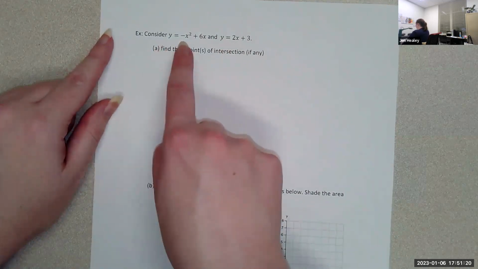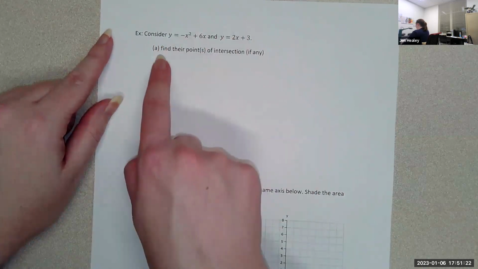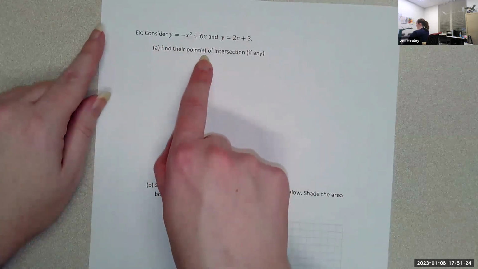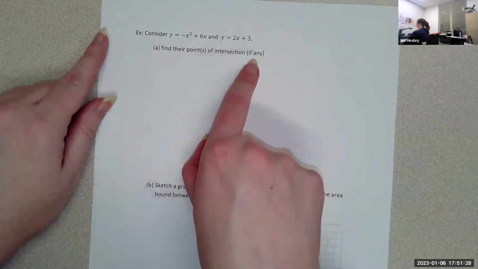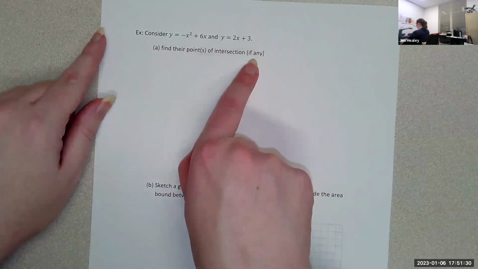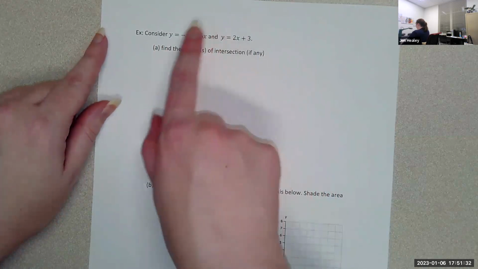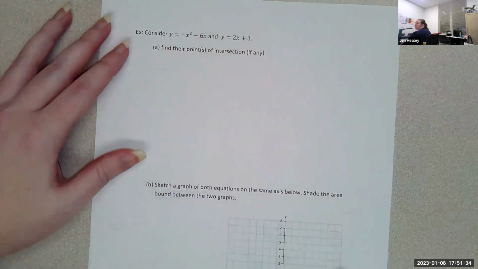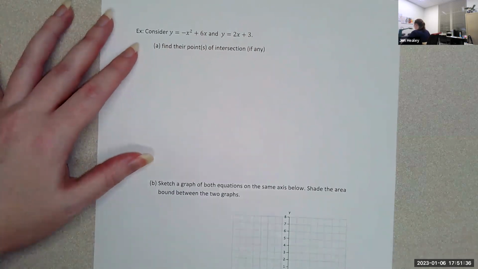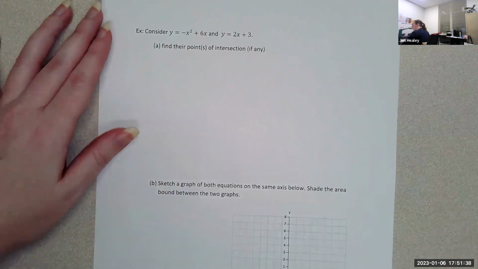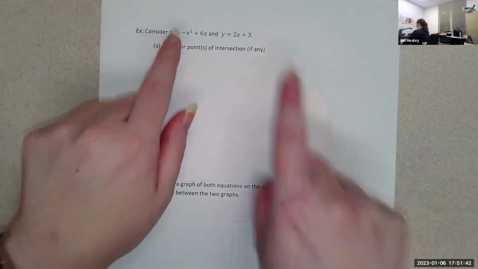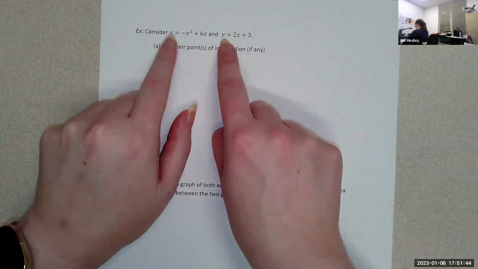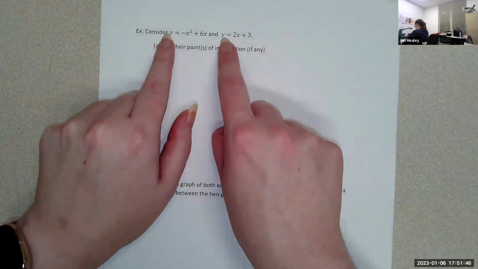So this says, consider this parabola and this line, find their points of intersection, or where does this line cross this parabola, if any. So does the line actually cross the parabola? The way that we're going to look at this is we're going to consider what that would actually mean for them to intersect. For them to intersect would mean that these two equations are going to be equal to each other. This is y and this is also y.